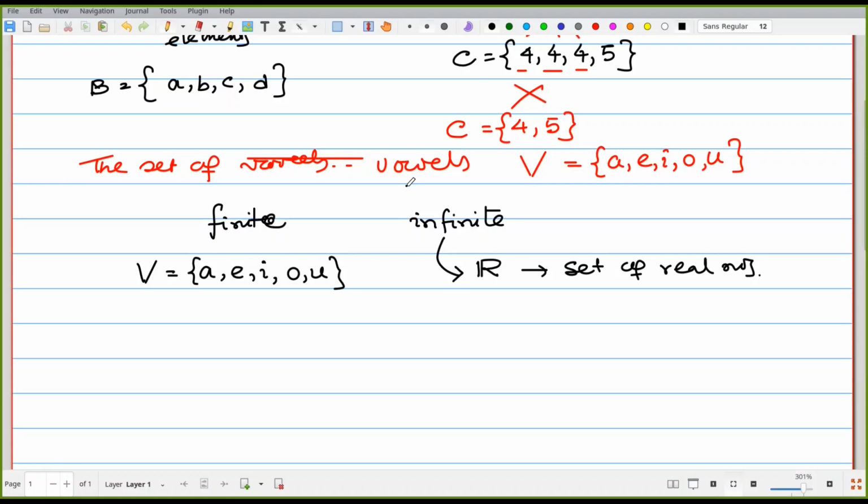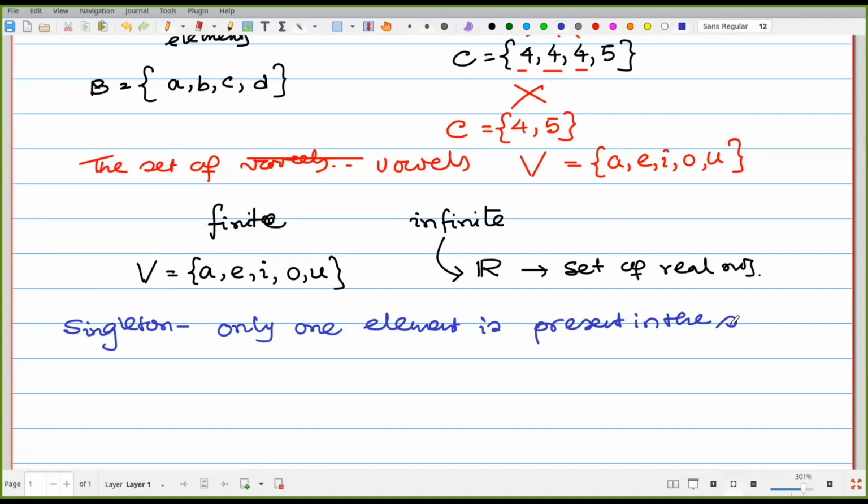Another term that is called the singleton. What is the meaning of singleton? Now, singleton means when only one element is present in the set.